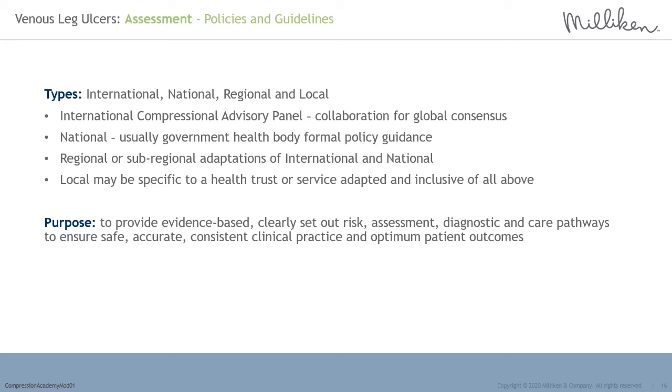These include national guidelines such as the National Institute of Clinical Excellence guideline for the United Kingdom, regional guidelines for specific geographical areas or healthcare service providers, and local guidelines specific to individual hospitals or leg ulcer services. One example might be the lower and upper limits on an ankle brachial pressure index. These may be different in an international document than within a local guideline.